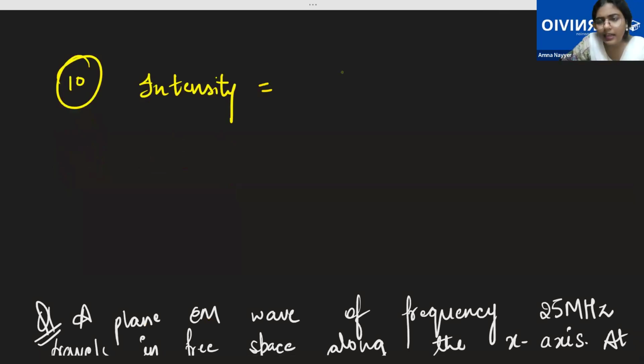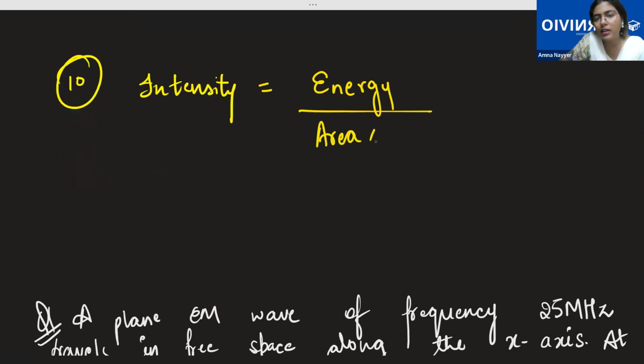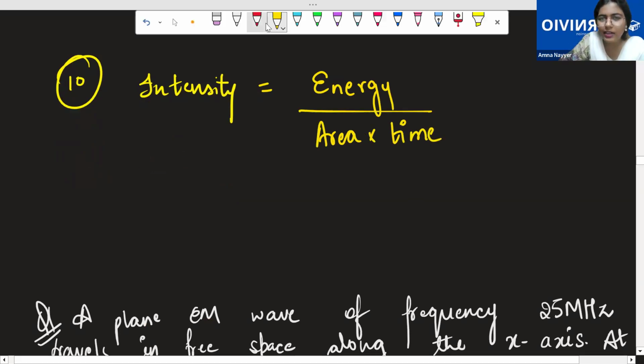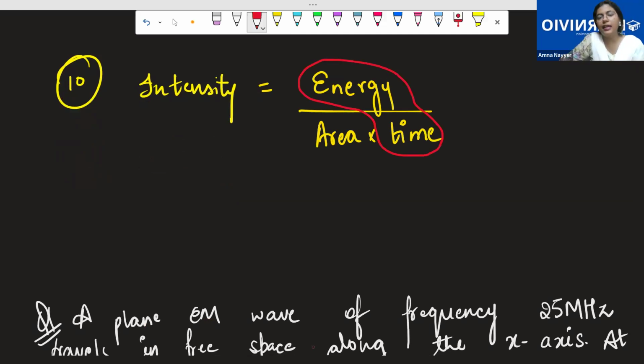Now, what is intensity? The last property of an EM wave is intensity, which is basically the energy per unit area per unit time. Can anyone tell me what is energy per unit time? Energy by time.